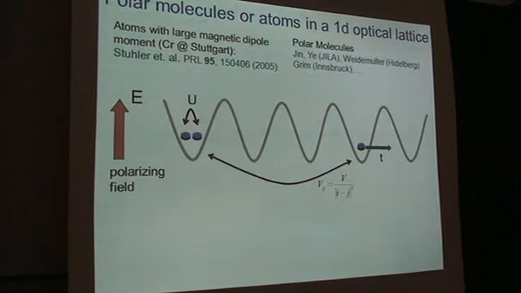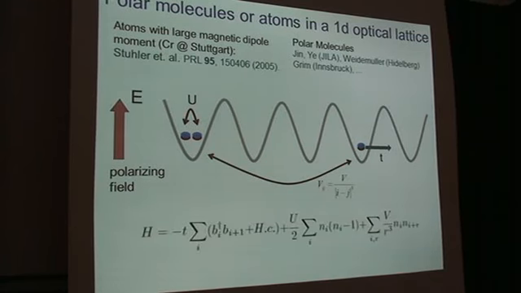So in that case, you'll have a 1 over r cubed interaction. And in addition, of course, you will have hopping and on-site interaction, and that can be, in the lowest Bloch band, that looks like an extended Hubbard model. So that's the model I'll have in mind, not necessarily with 1 over r cubed interactions. And moreover, I'll focus on the particular case of integer filling, and for concreteness, let's say 1 boson per site.